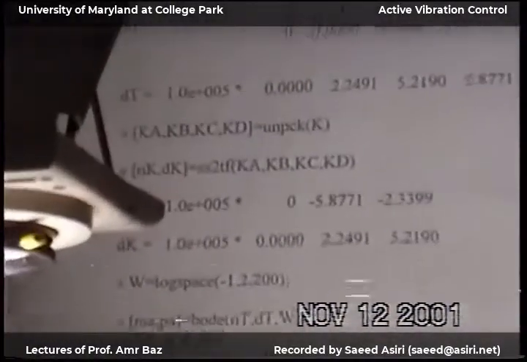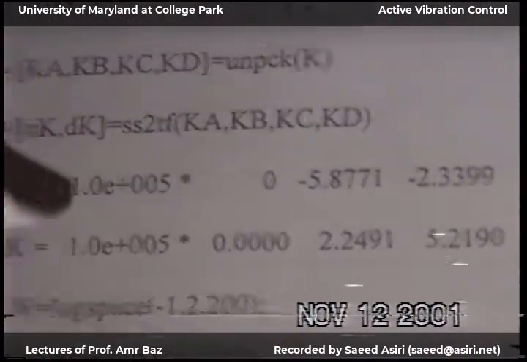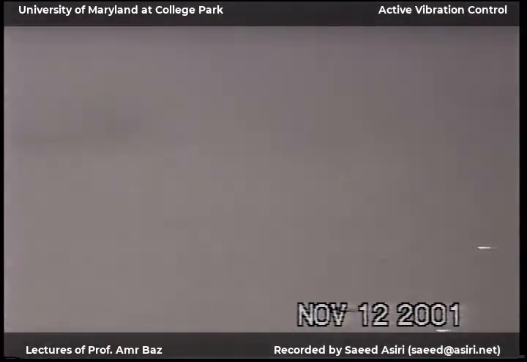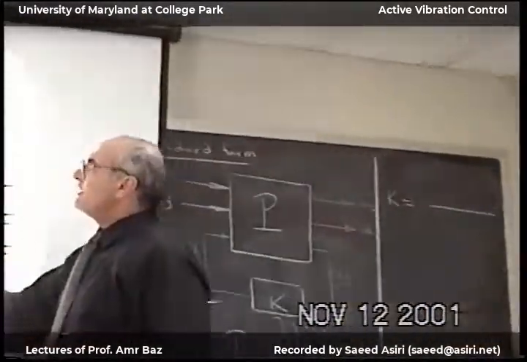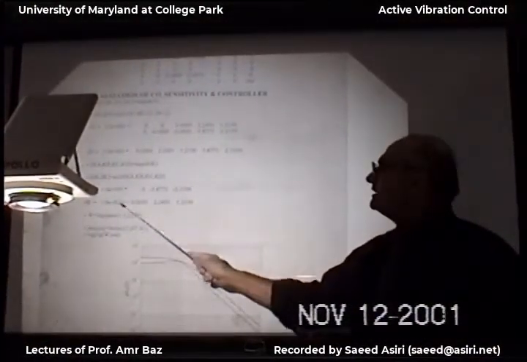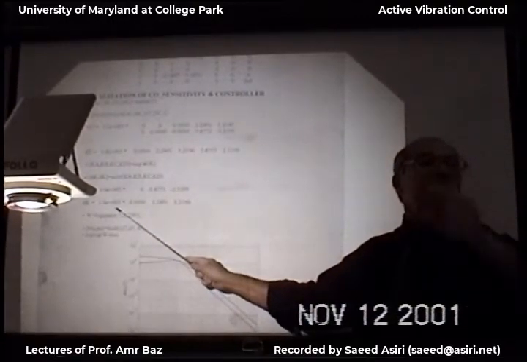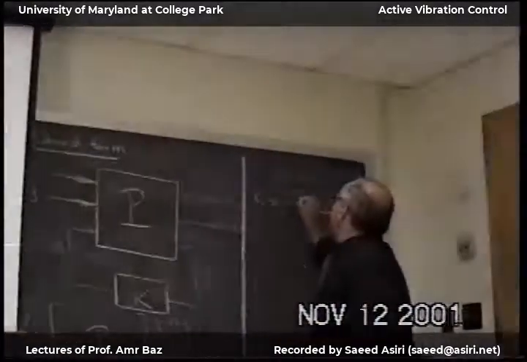Now if you look at the controller here, the numerator is multiplied times 10 to the 5. The denominator is multiplied times 10 to the 5. So these two will cancel out.